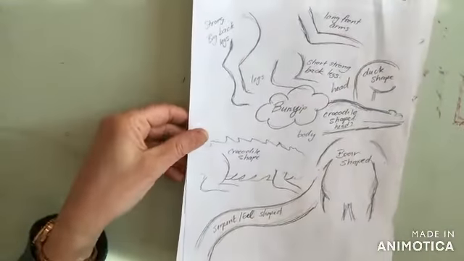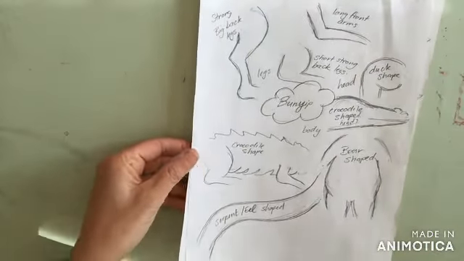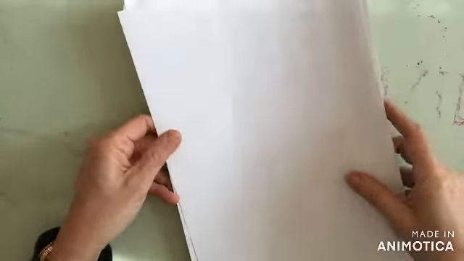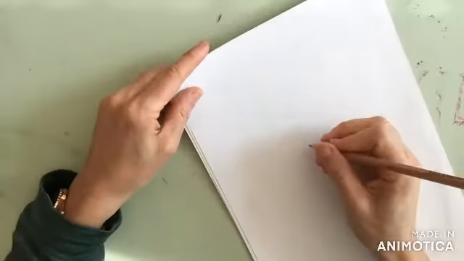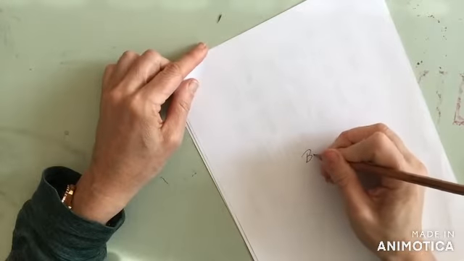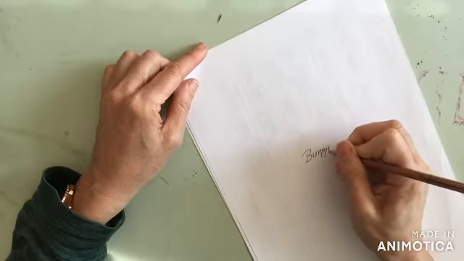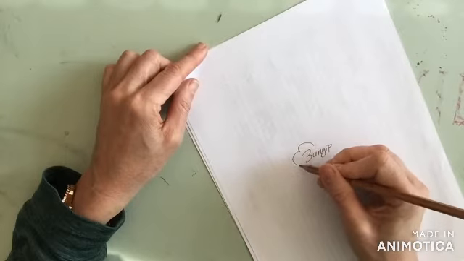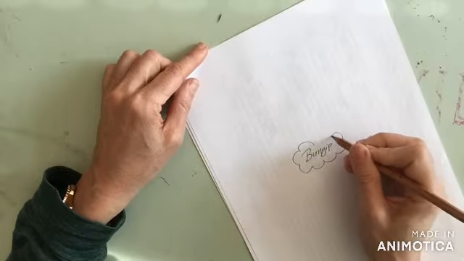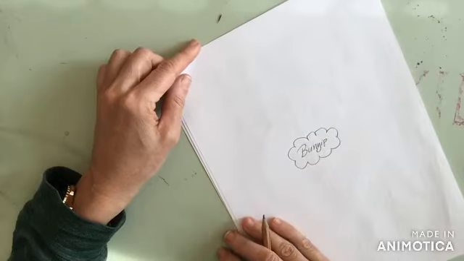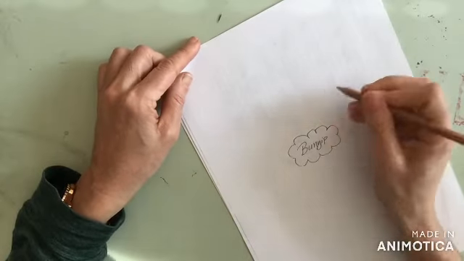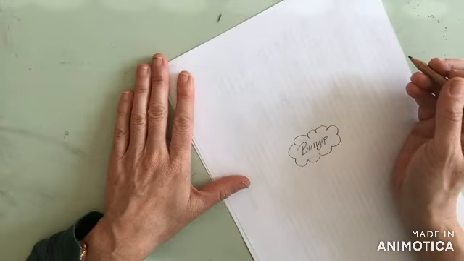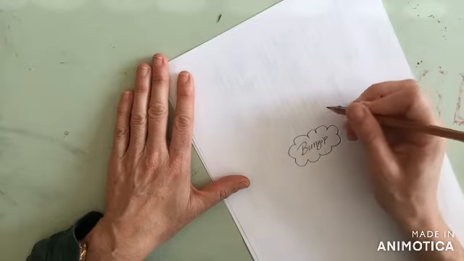Okay, so to actually create your visual brainstorming, you need to get some recycled paper. First of all, you write Bunyip in the middle, and we're going to put a thinking cloud around it. Then we think of the parts of the Bunyip that we might want to draw.